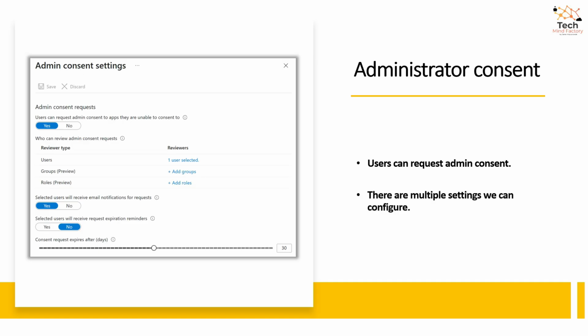And as I mentioned already, there are multiple settings we can configure here, right? So that's very important. So when user will see the screen like, hey, admin consent is required, we can actually enable this option to request admin consent. So user will be able to ask administrator like, hey, I need you to consent because I need access to this application, and then administrator will be notified.